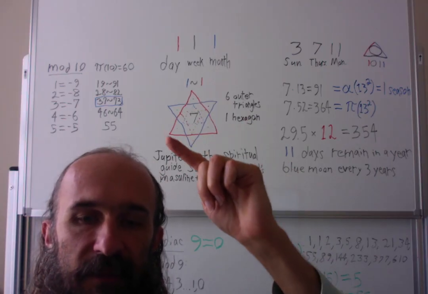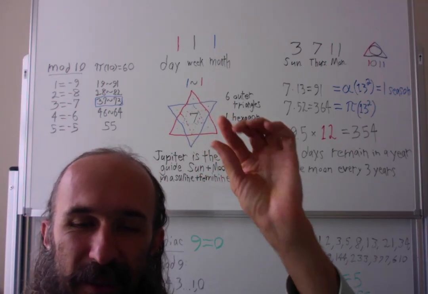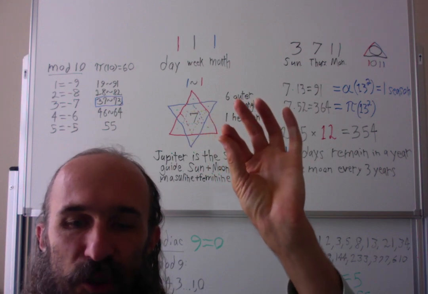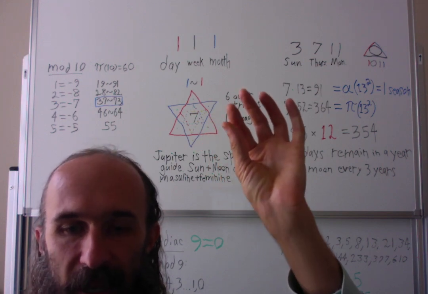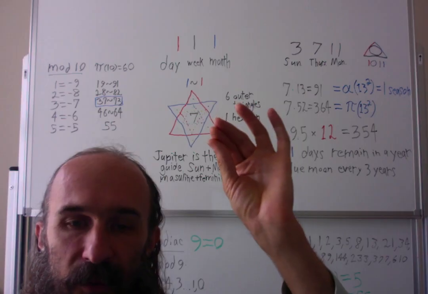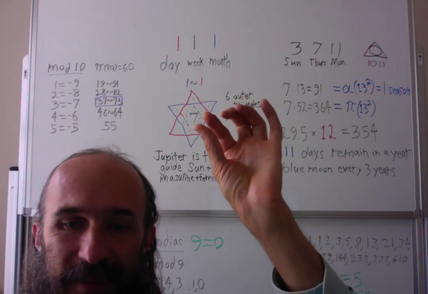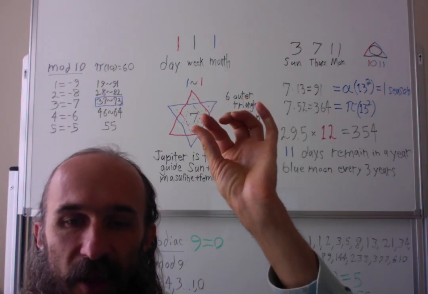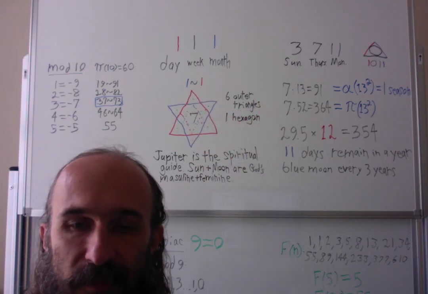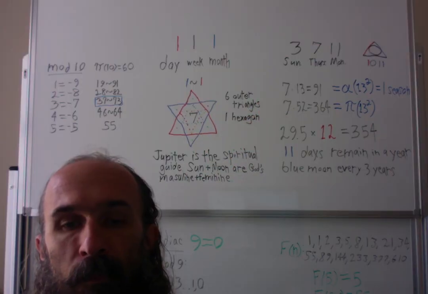So we get 7 regions when we combine these two symbols of masculine and feminine, or sun and moon. So again, we see that this number 7 is the bridge.